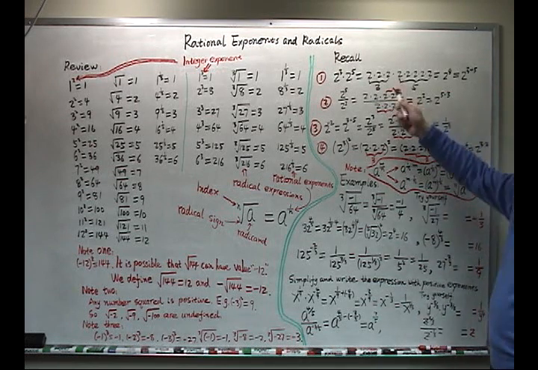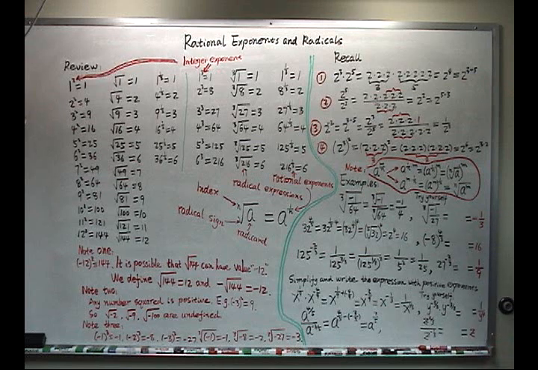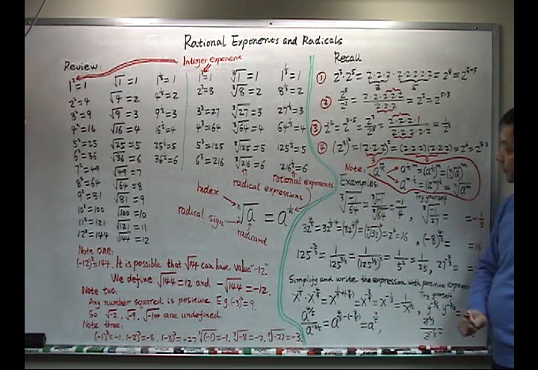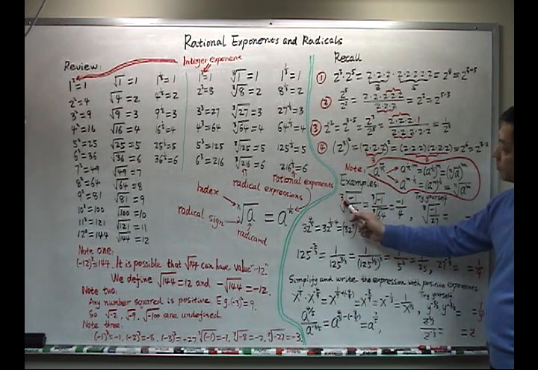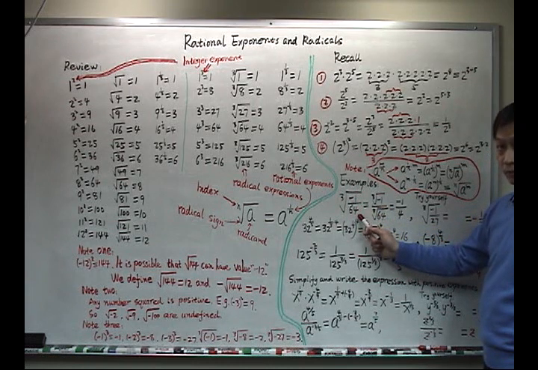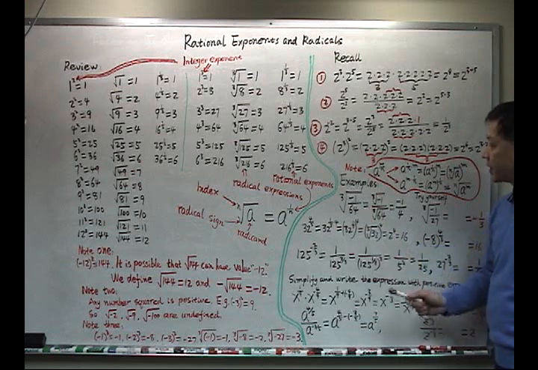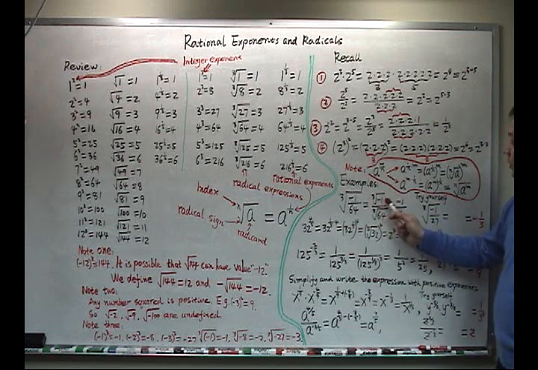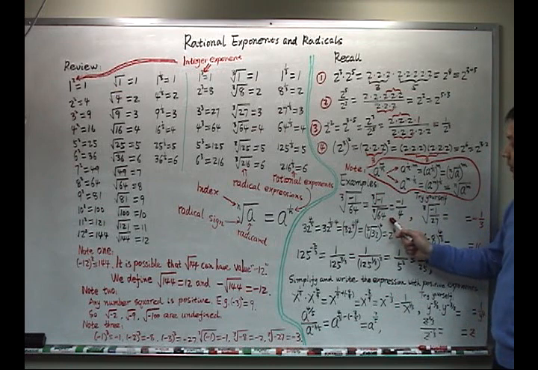Now, those are the rules we have to remember. Let's do some examples right here. This example is the cube root of negative 1 over 64. You can do the cube root separately for the numerator and denominator.